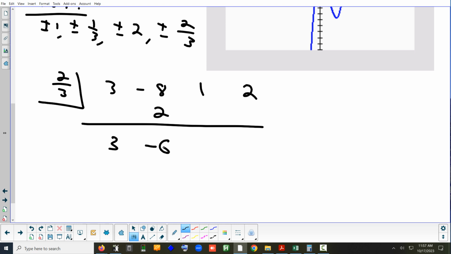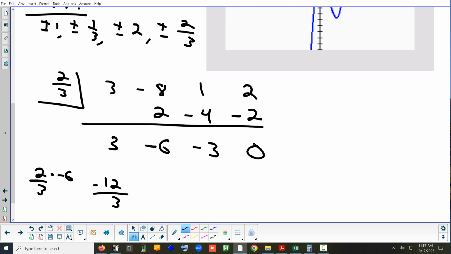If you have trouble with the fractions, you just put times -6 on the top. What's 2 times -6? -12, divided by 3 is -4. 1 plus -4 is -3. And now 2 thirds times -3 is -2. And my remainder? 0.